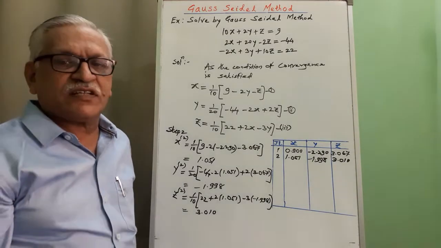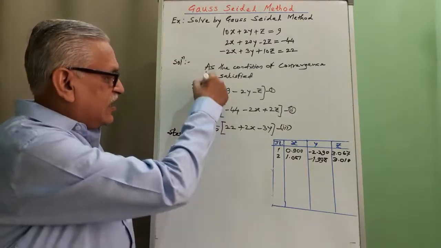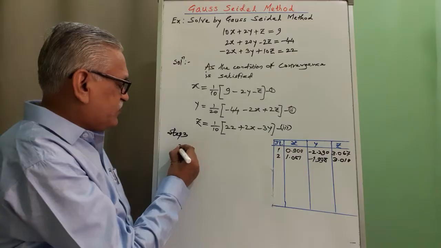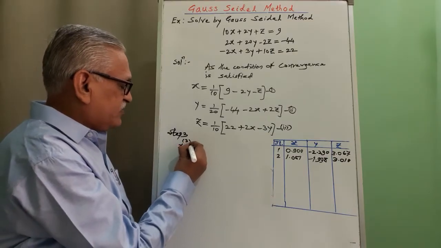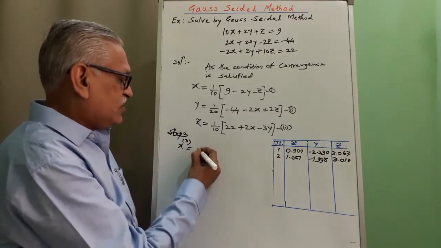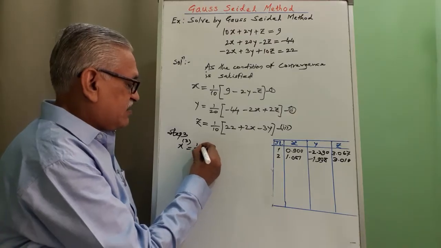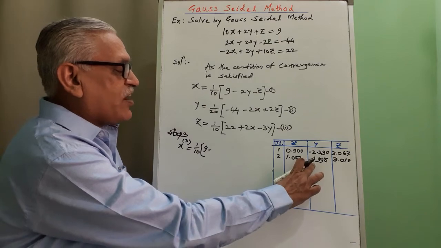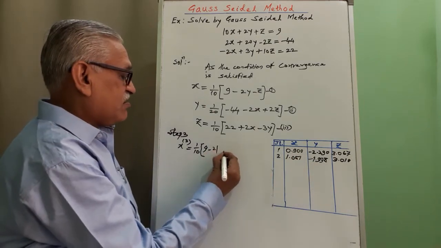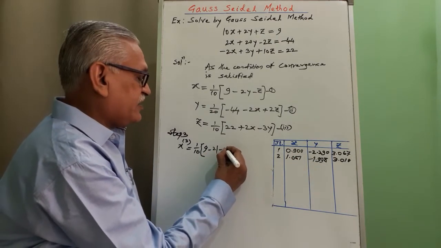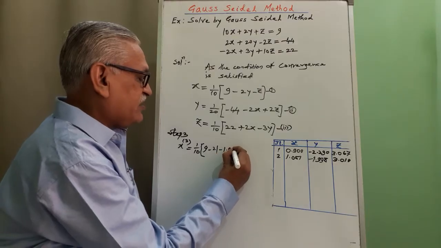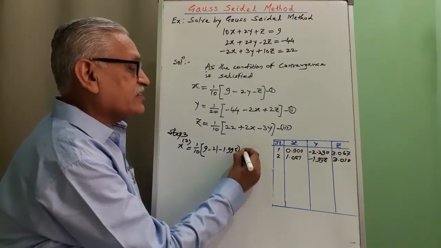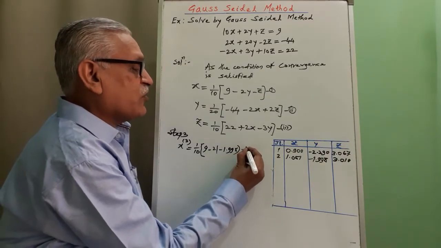Therefore, performing step 3, once again applying the same 3 equations to get the new approximation, we get x3 equals 1 by 10 times 9 minus 2 times y, the latest value of y is minus 1.998, and minus z, the value of z is 3.010.